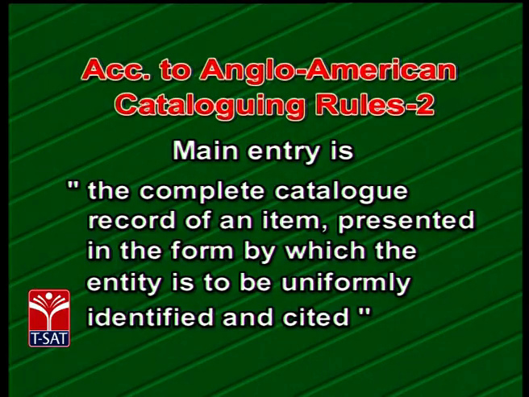Main entry is the entry that gives the maximum information about the document. The standardized catalogue code, the Anglo-American Cataloguing Rules, has defined the main entry as an entry which gives a complete catalogue record of an item, presented in the form by which the entity is to be uniformly identified and cited.